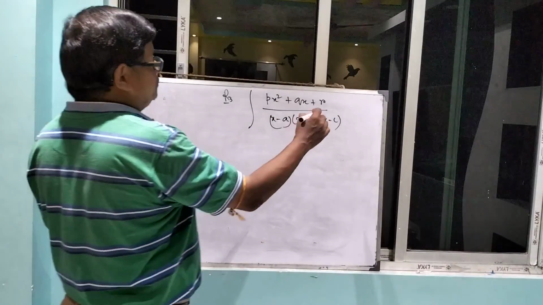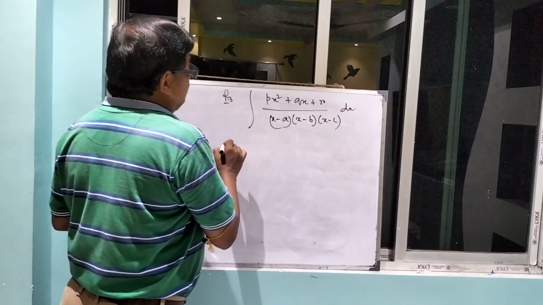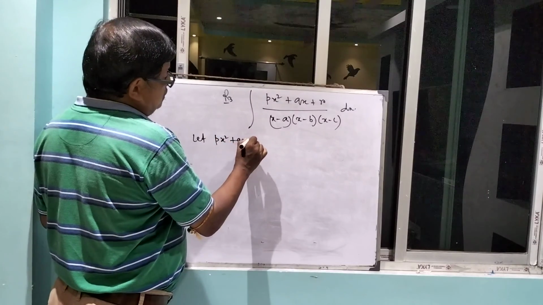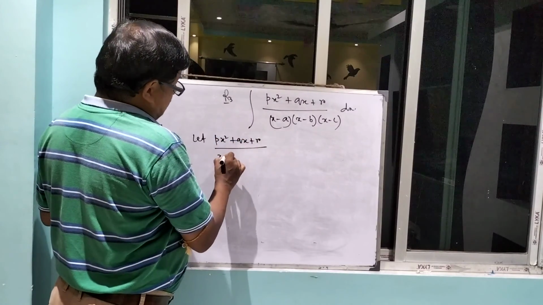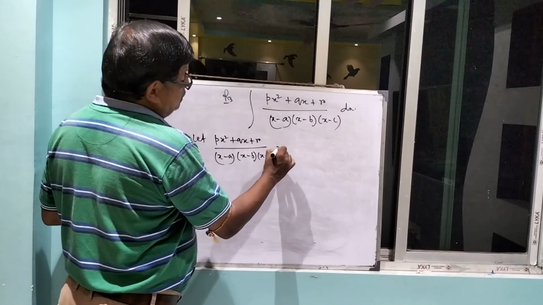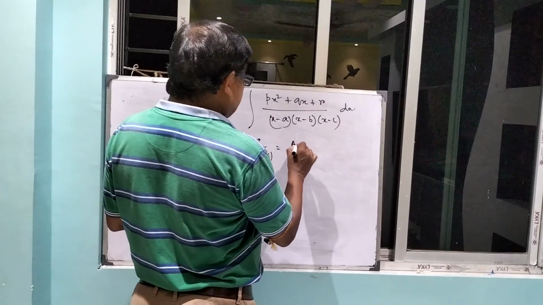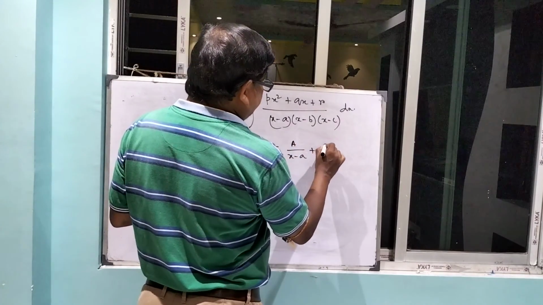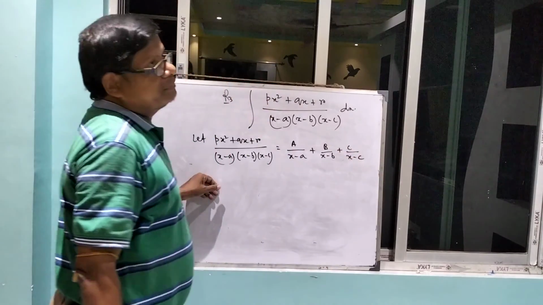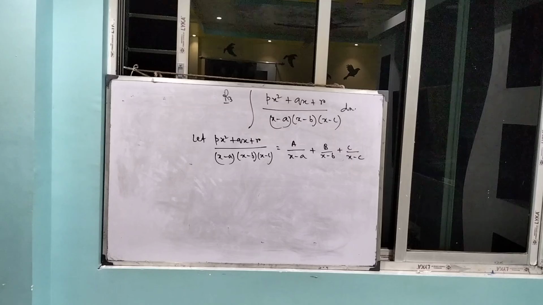So let px square plus qx plus r by x minus a, x minus b, x minus c equal to a by x minus a plus b by x minus b plus c by x minus c. Then you have to compare.